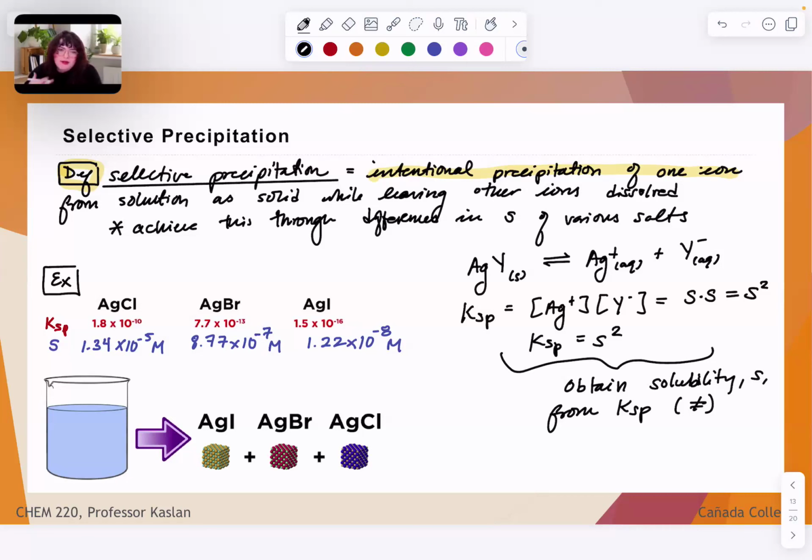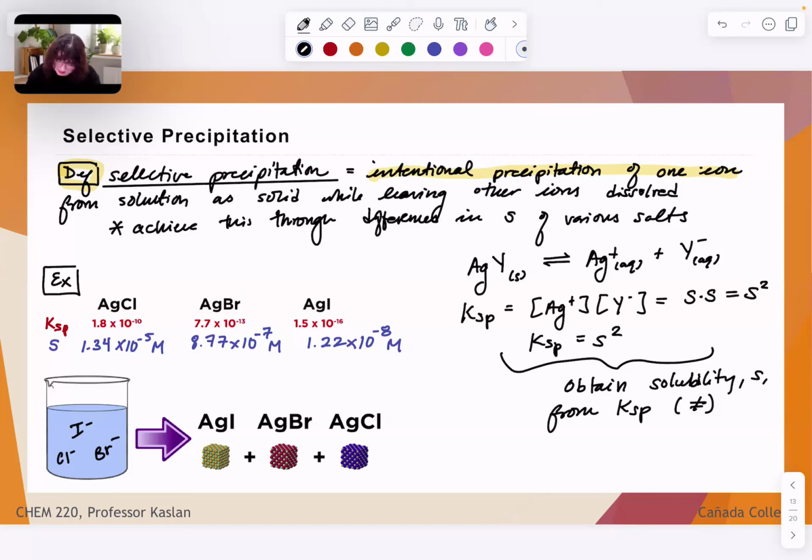So let's talk about this idea of selective precipitation. So being choosy about what we precipitate. Let's suppose that we had a beaker that was a solution containing a mixture of the 3 different halide ions. So we have iodide, chloride, and bromide ions in solution.